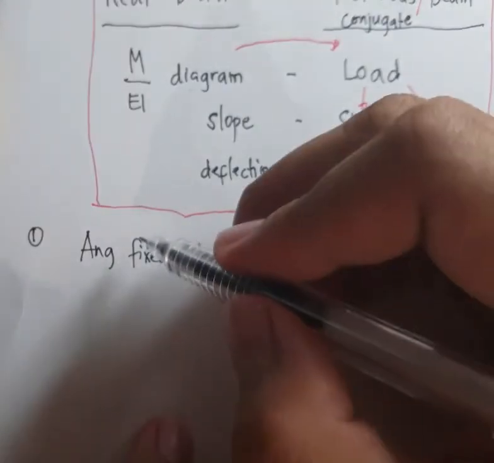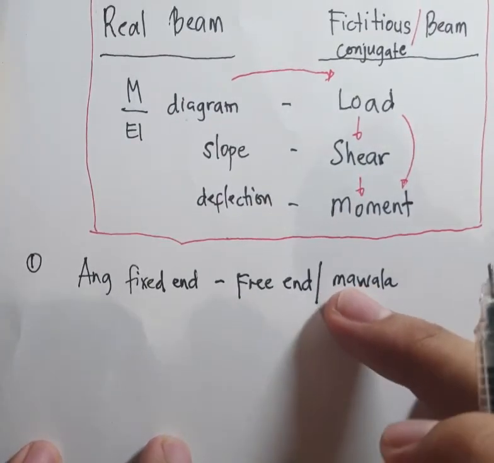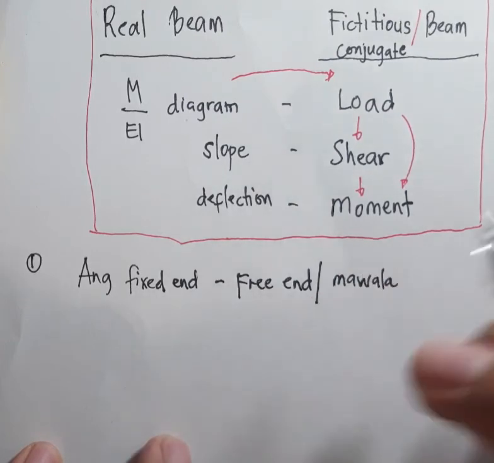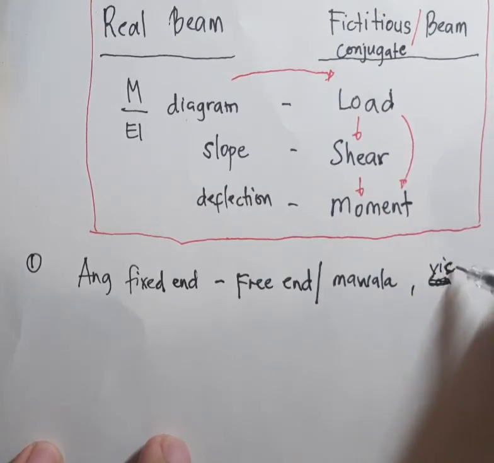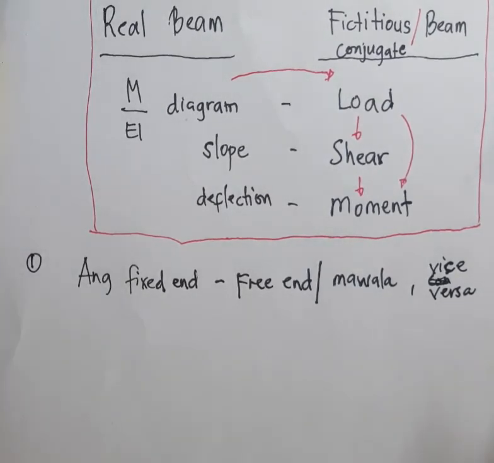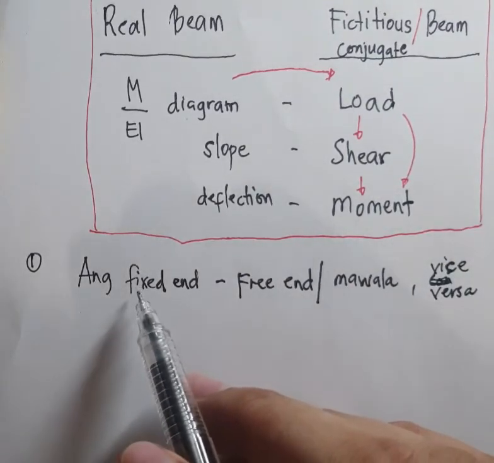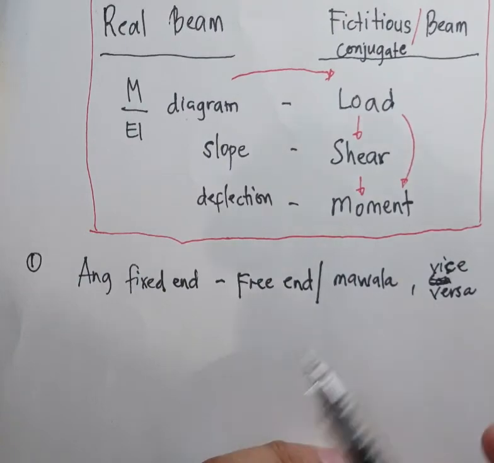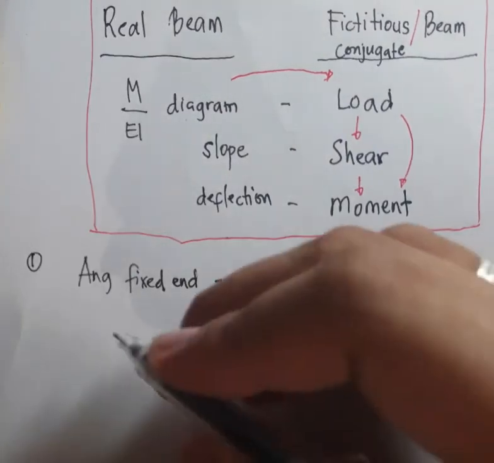Okay, so this is the real beam and the fictitious beam. Ang fix mawala, then maingon ka og conversely, and vice versa. Okay. So kung ang fix sa real beam mahimong free end, ang free end pod sa real beam mahimong fixed end. So mabali-bali ni muna sila. Mao na yung number 1.